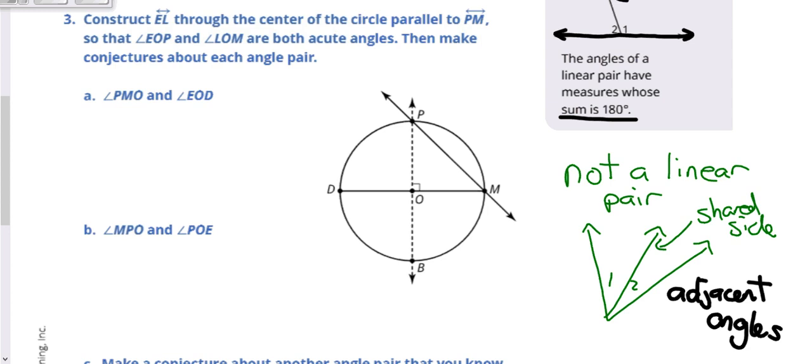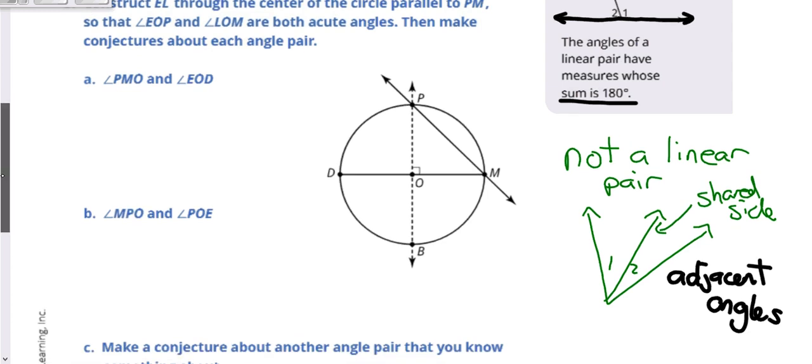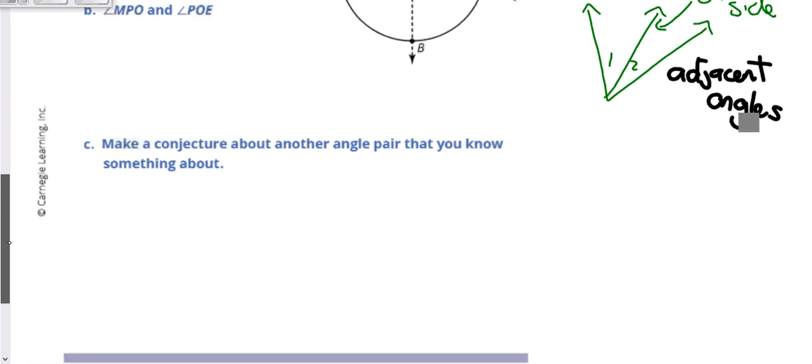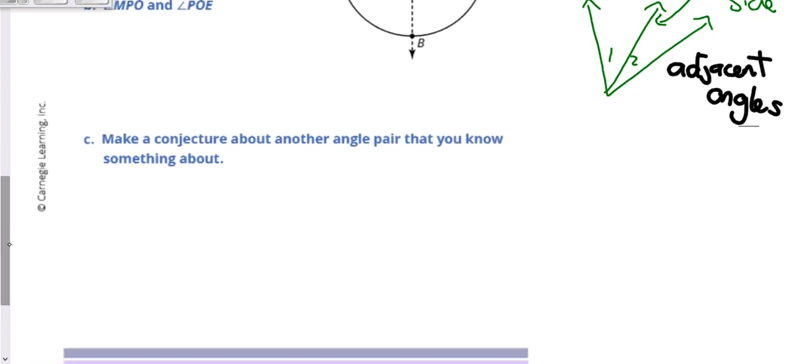All right. Another thing we need to talk about, just to refresh memory, and I'm going to use this space down here, is something called vertical angles. Vertical angles come up all the time in geometry, and so we need to talk about them.